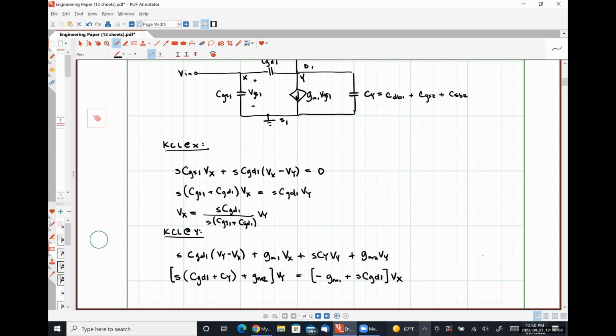We took this current flowing down, this current flowing to the right. We did not take into account that there could be current being input into the system by the input voltage. So let's modify this slightly. I'm just going to throw a resistance that I'm going to call R sig right here. And that's going to change these relationships. I apologize for not noticing that earlier.